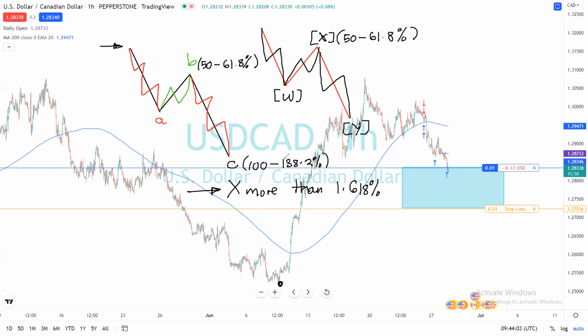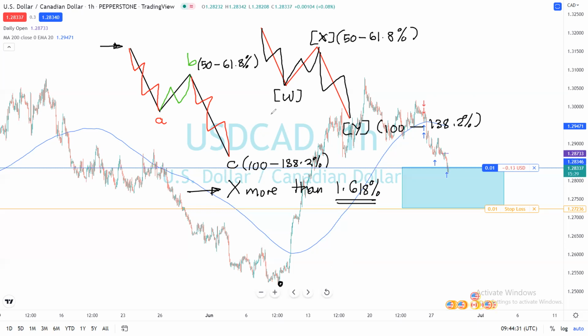And you also know that if it invalidates the 161.8%, then it's no longer a zigzag that you're looking at, but you're looking at something else. The same applies with your wave Y. It's also 100 to 138.2% of the initial move W.